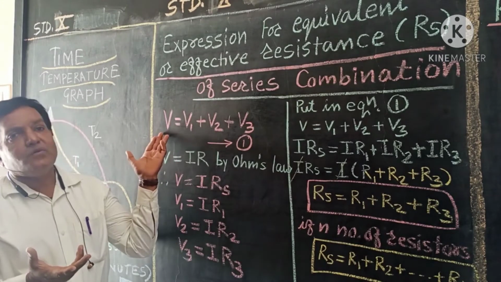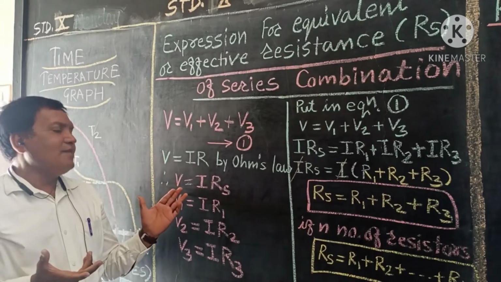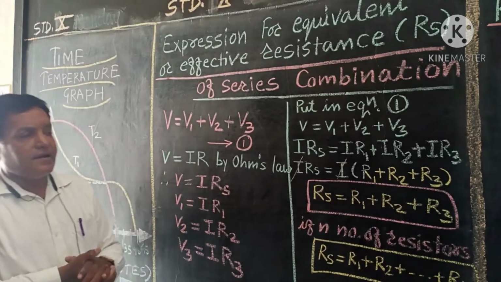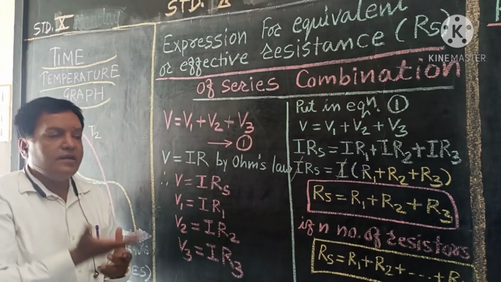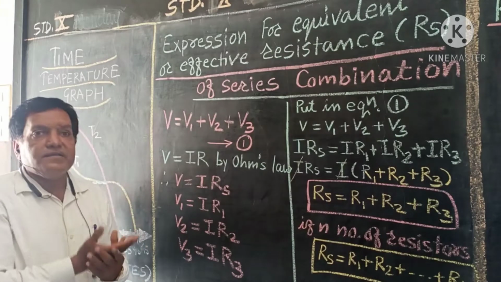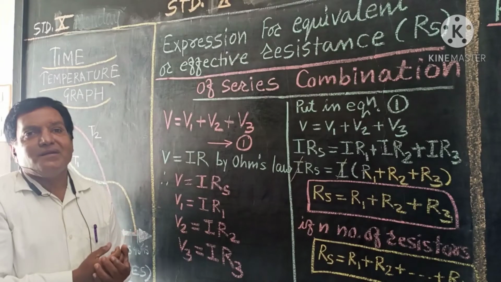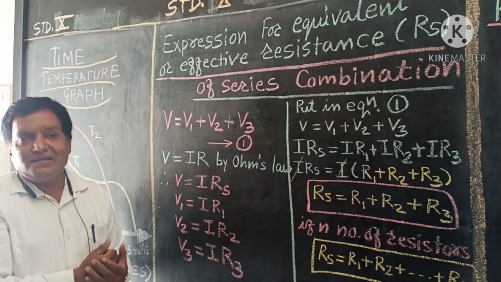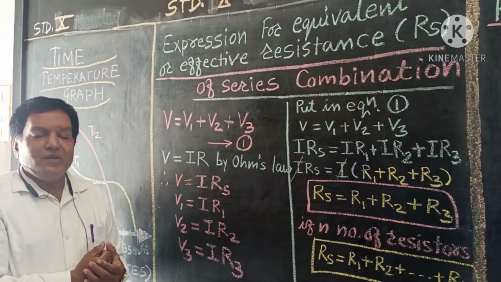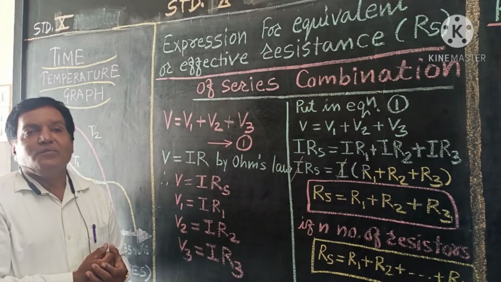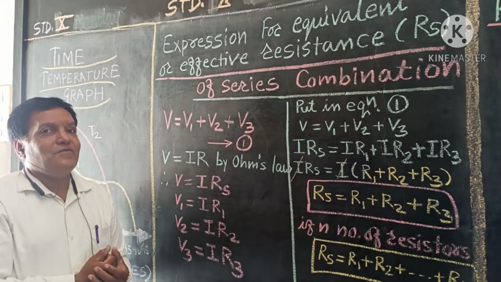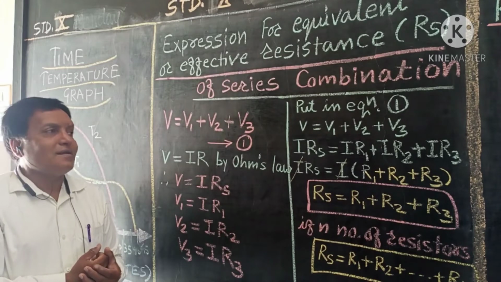To find this total voltage V, we have to assume the total quantities in the electric circuit. Total voltage is V, total current is I, and the total resistance is the combination of the three resistors. As the three resistors are connected in series, we have assumed RS as the effective, equivalent or total resistance.